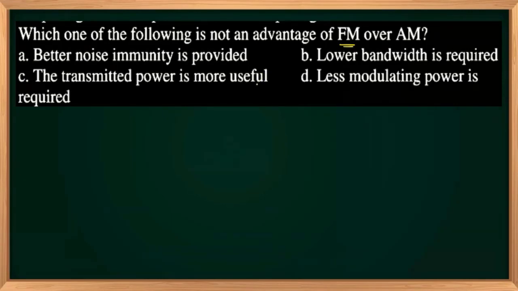Option B, lower bandwidth, is the right answer. The other options: A, better noise immunity is provided in FM as compared with AM; C, transmitted power is more useful; and D, less modulating power is required.